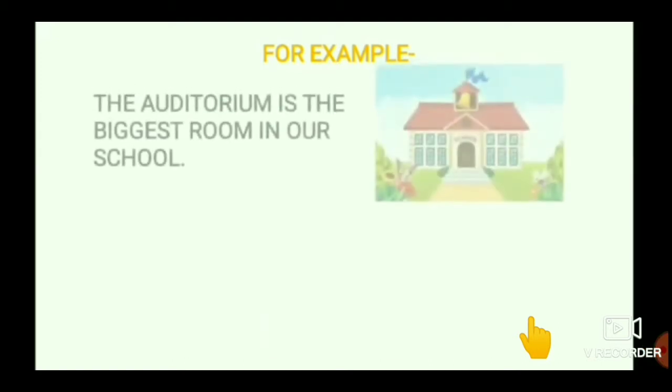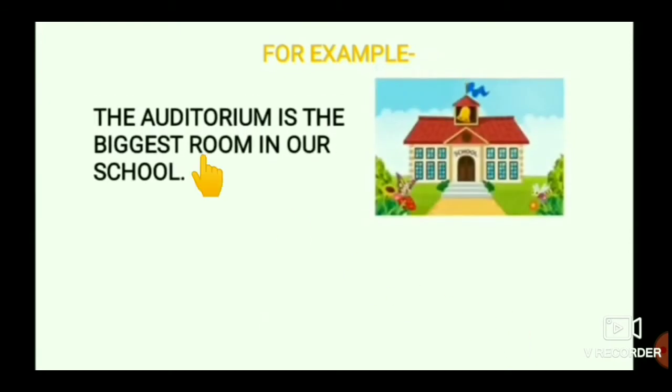Let me give another example. The auditorium is the biggest room in our school. We have staff rooms, classrooms, computer rooms and an office room. Among all of these rooms, one room is the biggest and that is the auditorium. We compare the other rooms in terms of size.